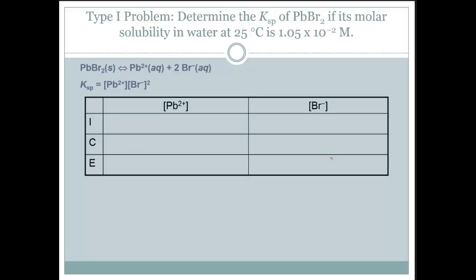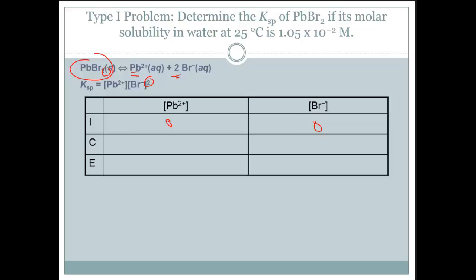Let's say we have lead bromide that's being dissolved in water. So that breaks down. Here's our lead bromide into lead, and then because of this 2 here, we have 2 bromine. Now remember that for the Ksp, the coefficients get raised like that. So initially, we don't have any of the lead or bromine in the solution.